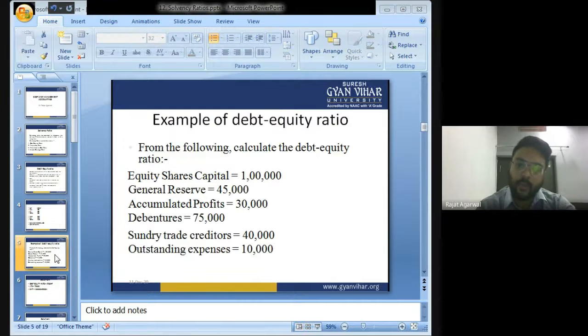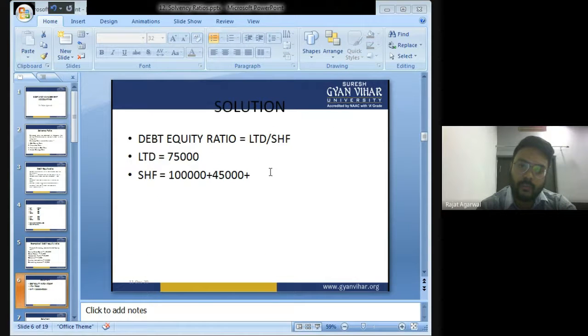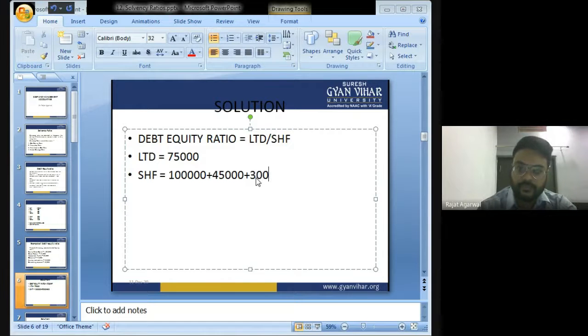And accumulated profit 30,000 is also a part of shareholder fund. What is the total? Total is 1,75,000.